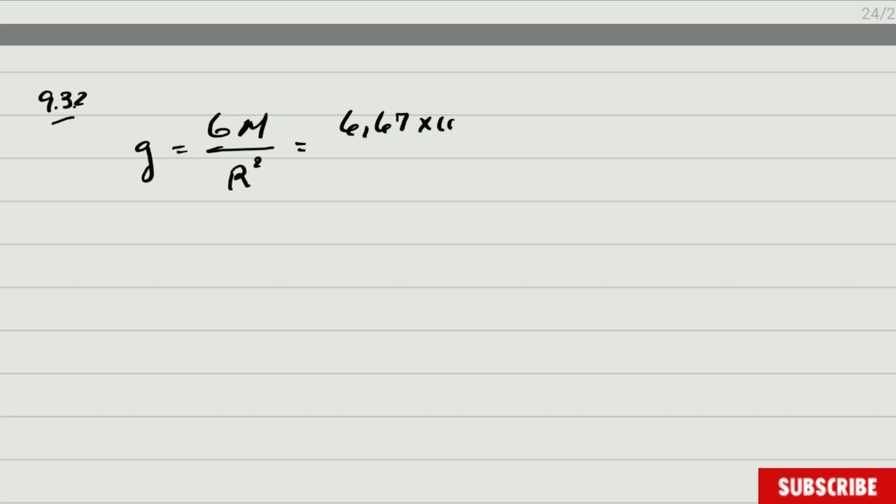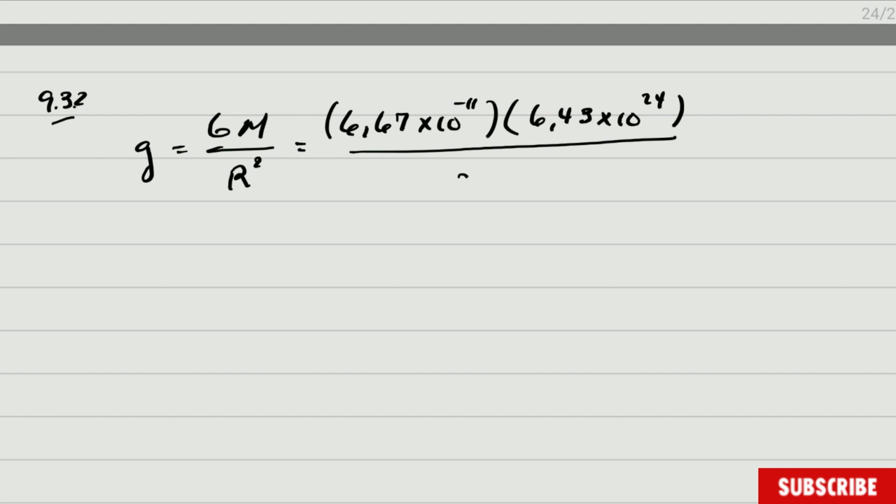So if we do this real fast, it is 6,67 times 10 to the minus 11 multiplied by the mass of the planet that we calculated, 6,43 times 10 to the 23, divided by 2 times the radius of the planet, which is 3,39 times 10 to the 6, everything squared.